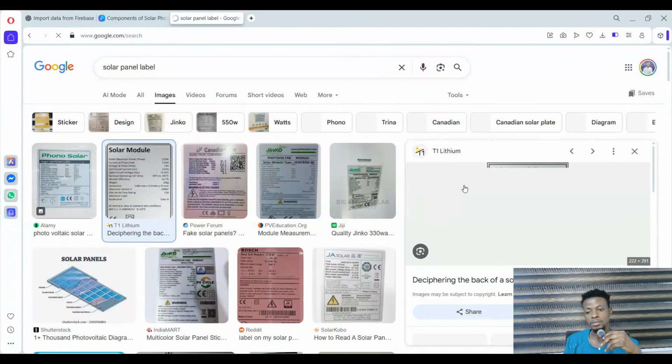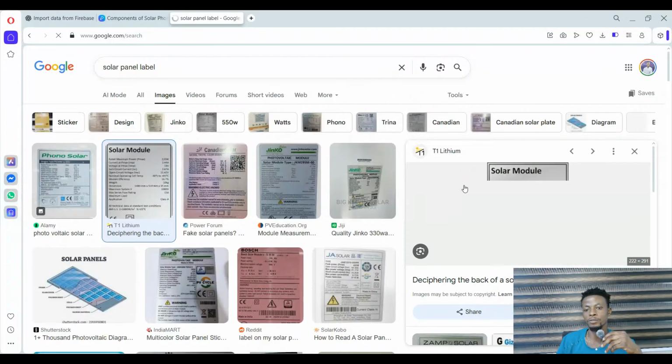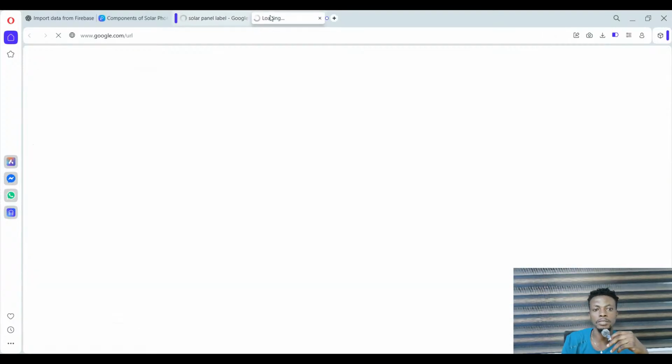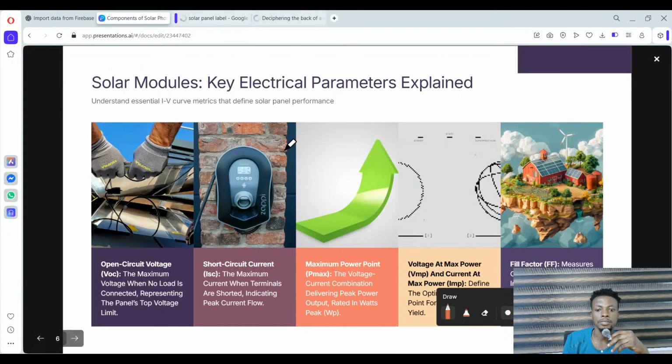Depending on the size of your panel, you have a different VOC.